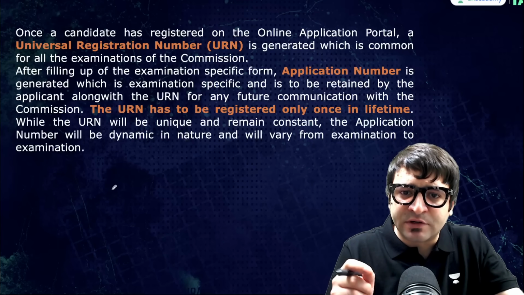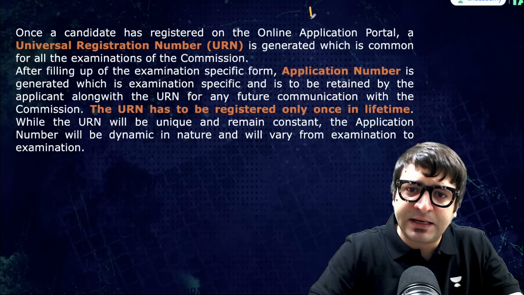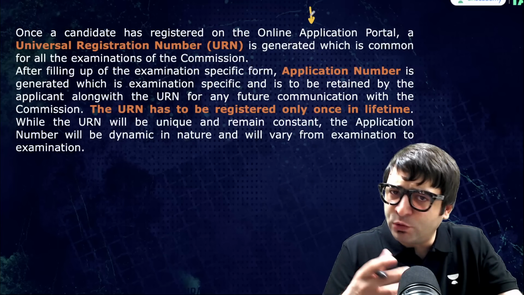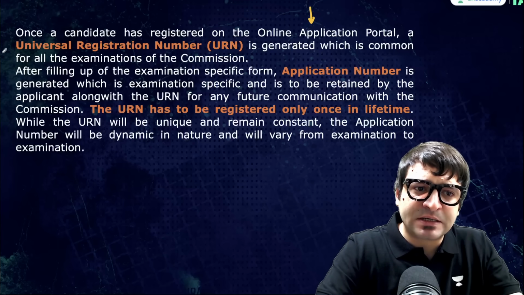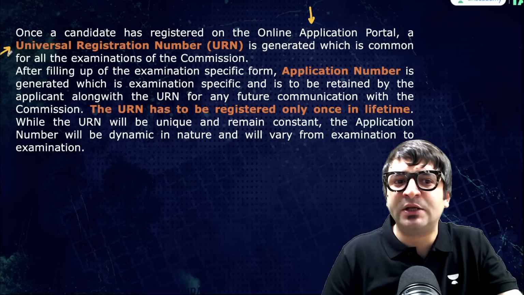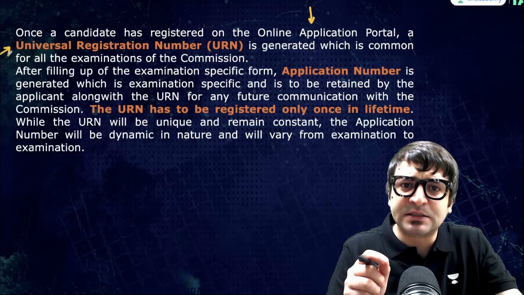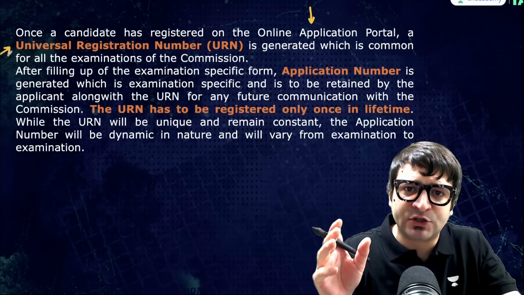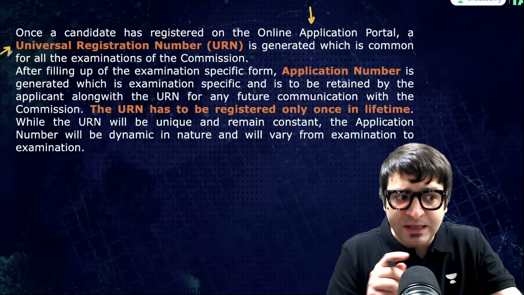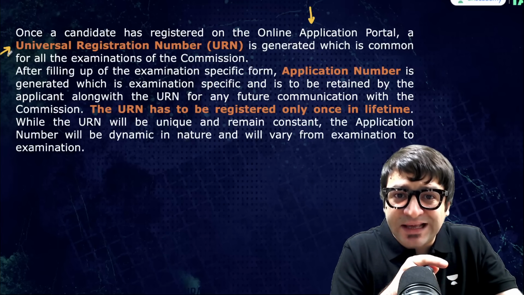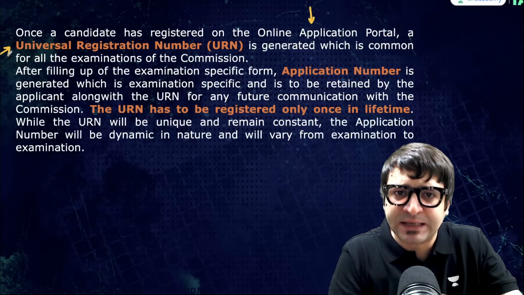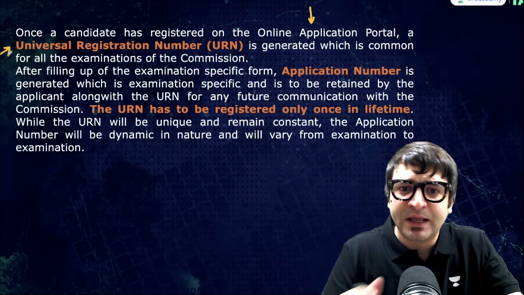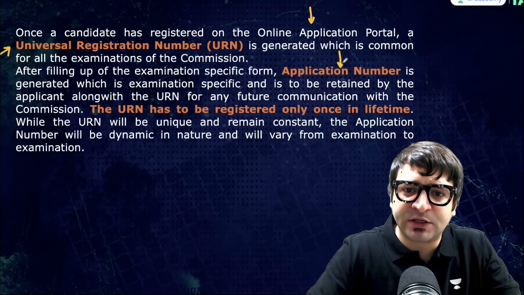Once you have registered on this online application portal, a universal registration number will be generated. And again, this is common for all the examinations conducted by the UPSC. Then you will have to fill the exam specific form, let's say civil services examination, and you will get an application number.